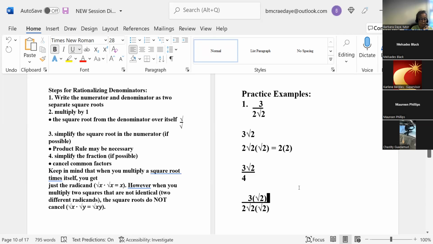Okay, now square root of 2 is multiplied by both numerator and denominator. So what do I get in the numerator?